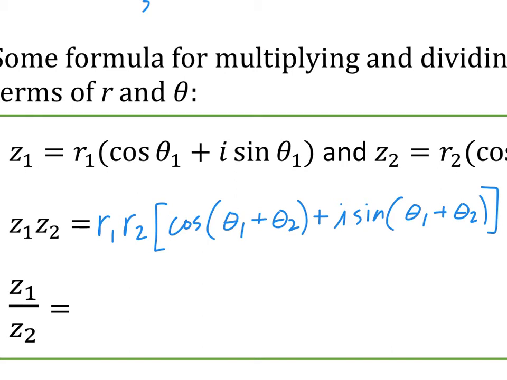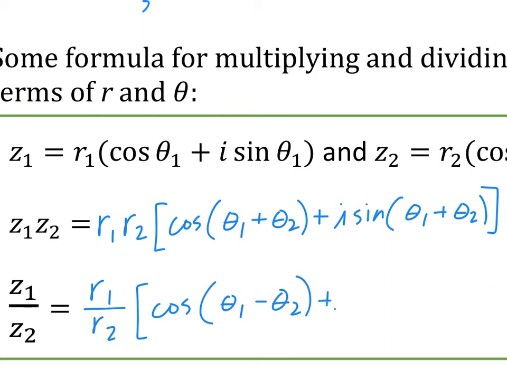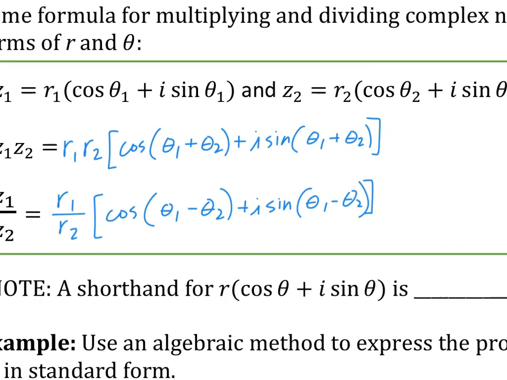If we're going to take z1 divided by z2, that's the two complex numbers divided by each other, then we take r1 divided by r2, and then cosine of theta 1 minus theta 2 plus i sine theta 1 minus theta 2. And then just a reminder that the shorthand for r cosine theta plus i sine theta is r cis theta.